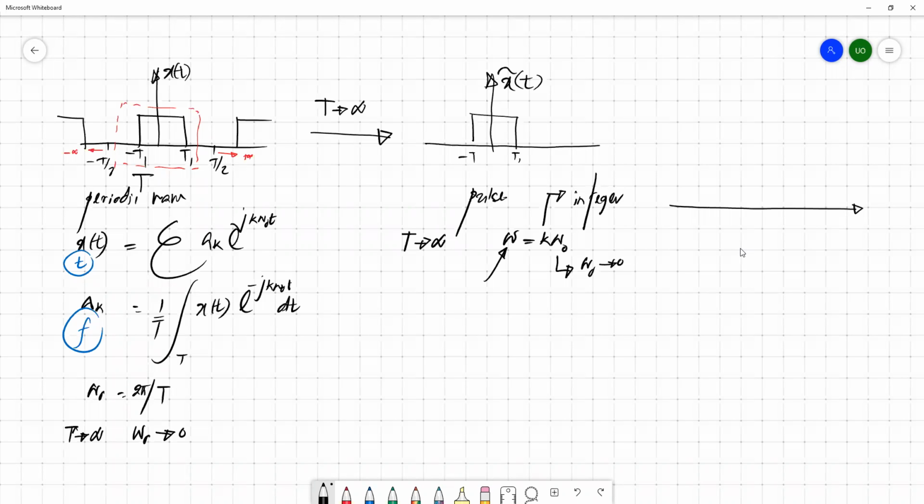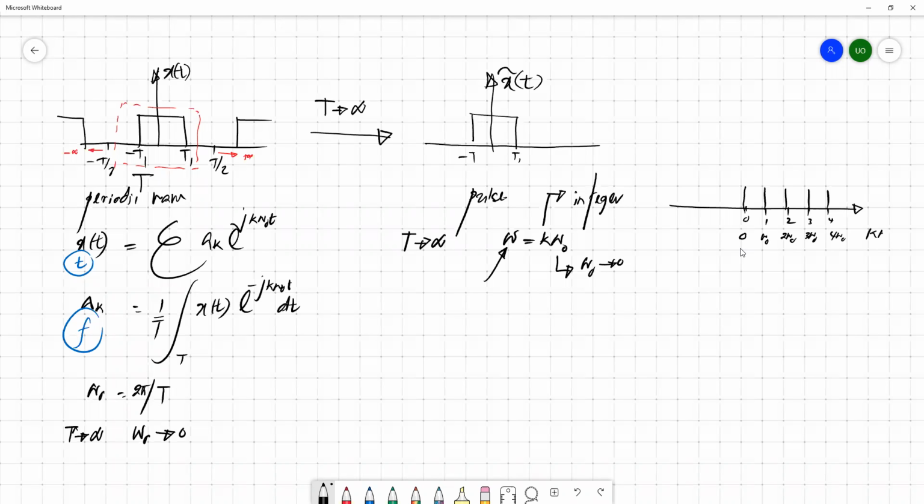So we can illustrate this graphically. This is k equals 0, this is k equals 1, k equals 2, k equals 3, k equals 4, and so on. This is 0, this is omega naught, this is 2 omega naught, 3 omega naught, 4 omega naught.